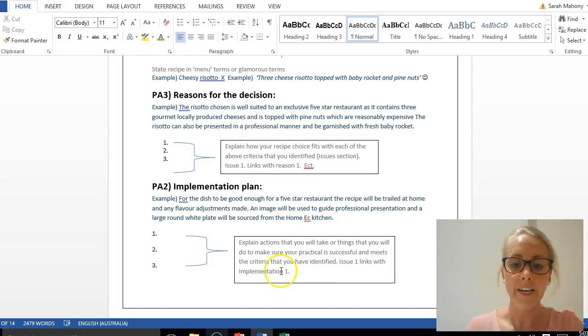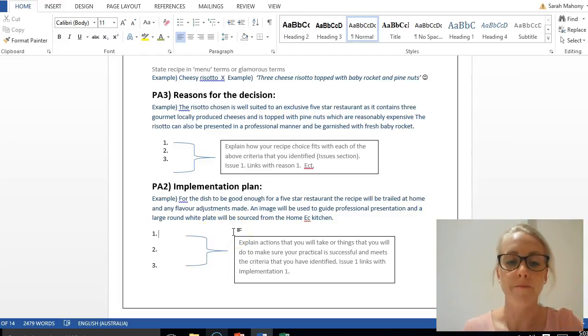All right. Again, we have 1, 2, and 3 because I want you to link criteria number 1 with your implementation number 1. So back to our example for this assignment, if you're talking about the recipe having to be gluten-free, what steps are you going to take on the day to make sure that your dish is gluten-free?